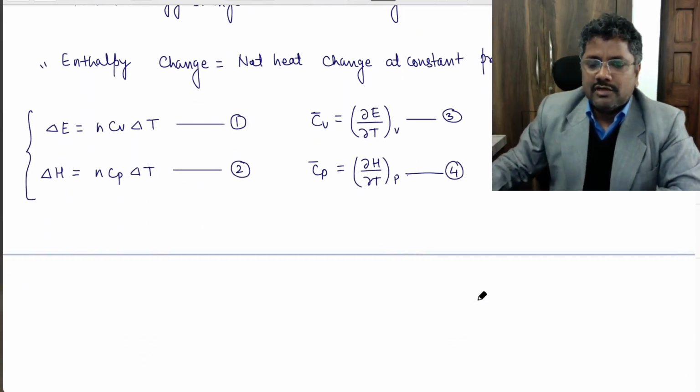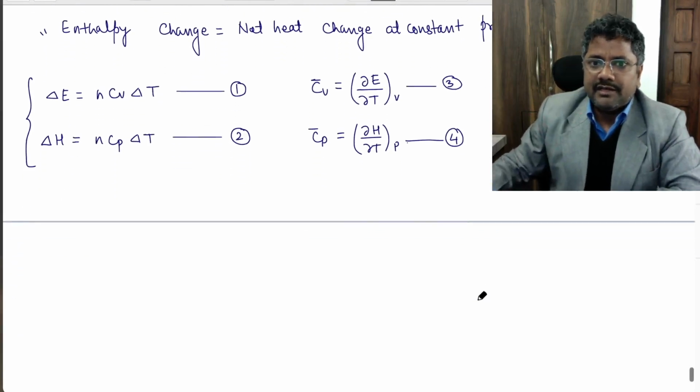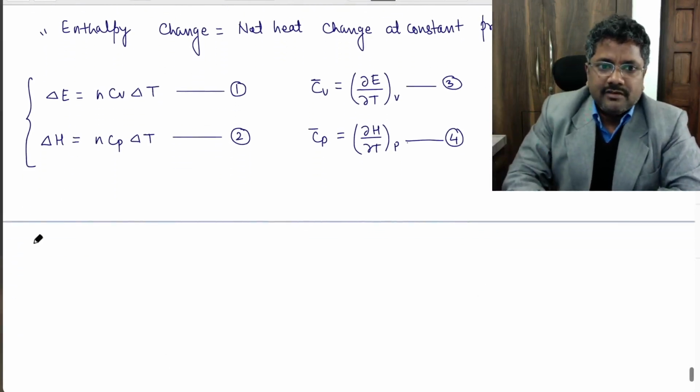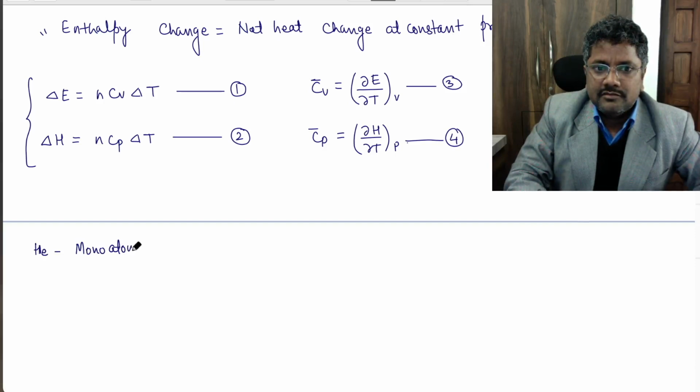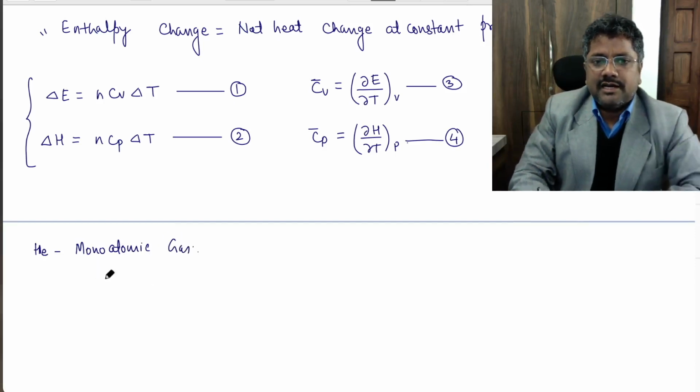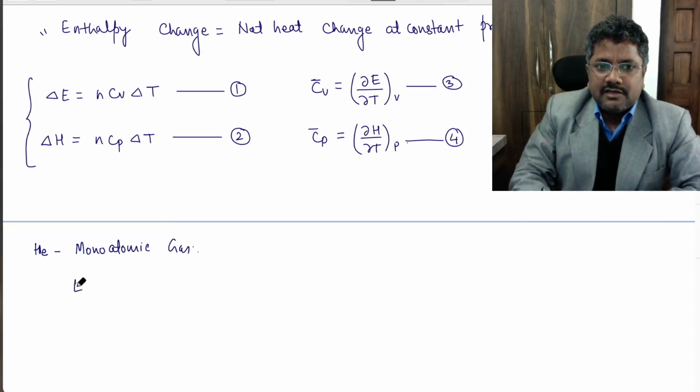Now, suppose we take helium, a monoatomic gas. So what is the total energy of this? The total energy at room temperature or at temperature T is equal to 3 by 2 RT.